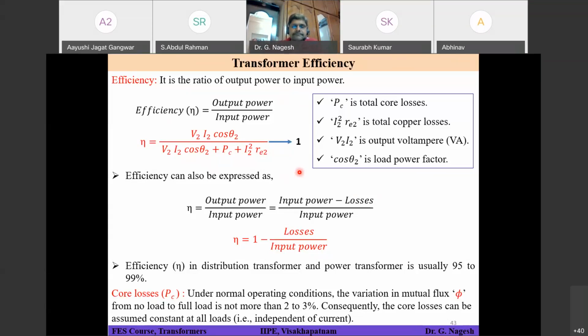Derivative of u by v: v into derivative of u minus u into derivative of v, whole by v square. Sir, I2 square V2 cos theta 2 RE2 into 1 minus 2 I2 is equal to 0. That much.